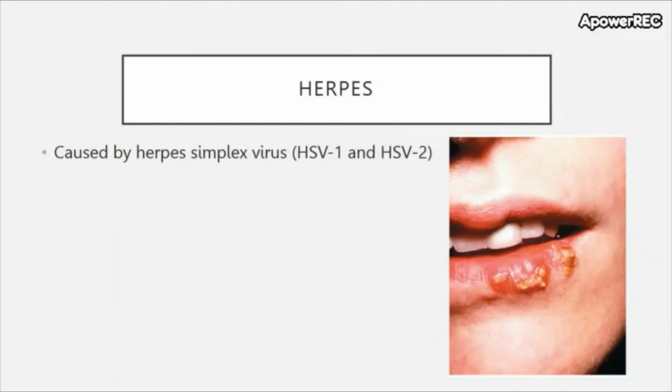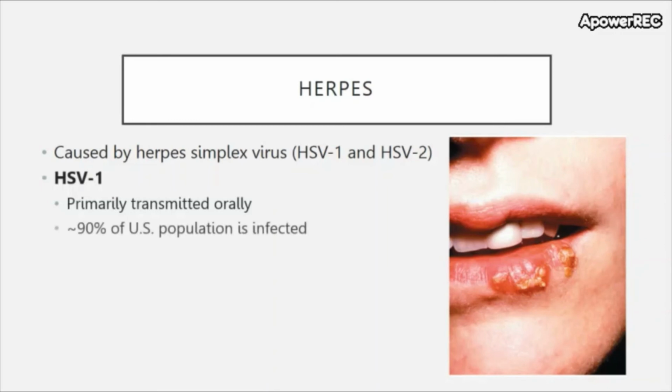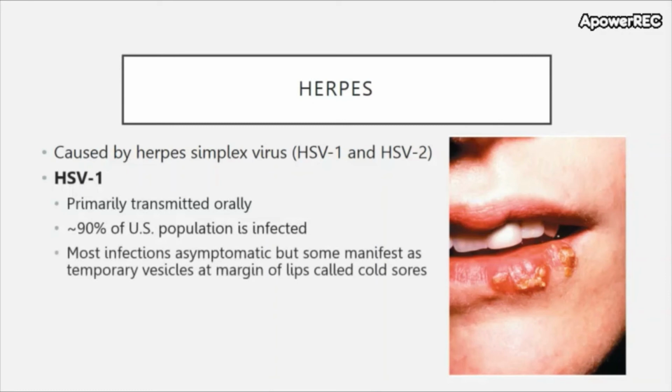Next up on our list is herpes. Herpes is the disease that is caused by herpes simplex virus HSV1 and HSV2. HSV1 is primarily transmitted orally, and it infects roughly 90% of the US population.